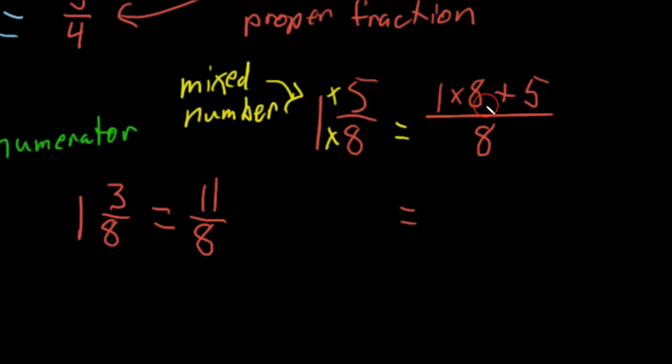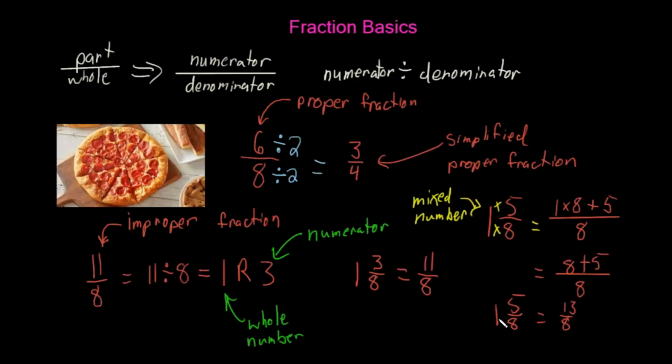So 1 times 8 is 8, plus 5, and again the denominator stays the same. 8 plus 5 is equal to 13/8. So we can see 13/8 is equal to 1 and 5/8.